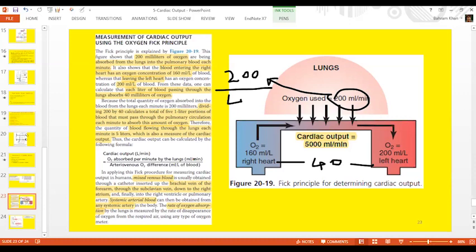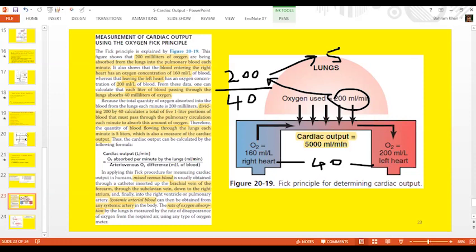So 200 divided by 40 will give you 5000 milliliters or 5 liters of blood. That is the normal value of cardiac output. So it is a very simple method. You divide the amount of oxygen absorbed by the lungs by the arteriovenous oxygen difference.